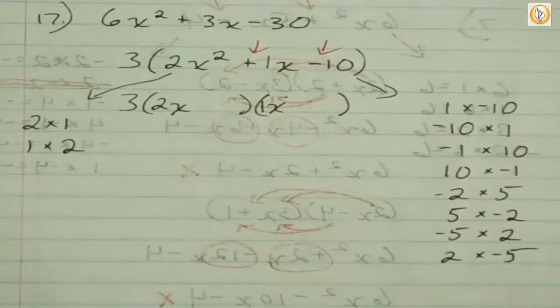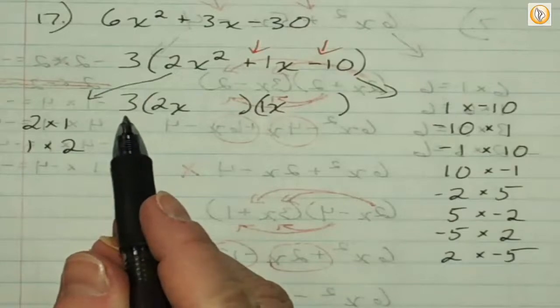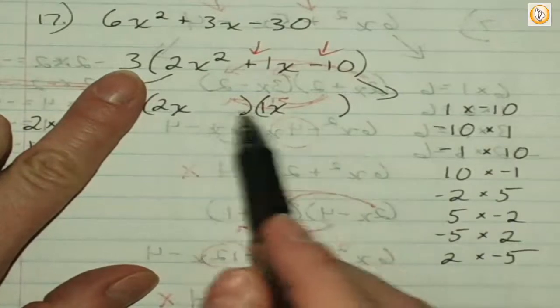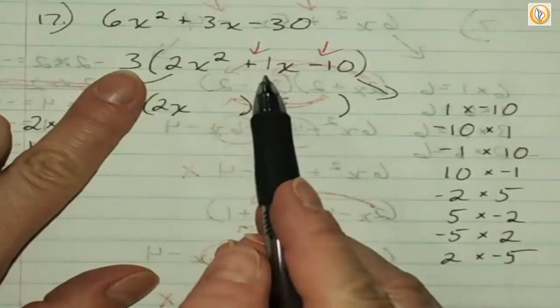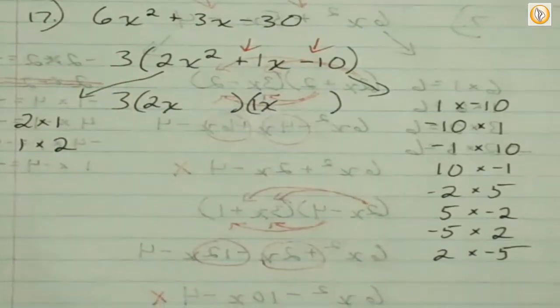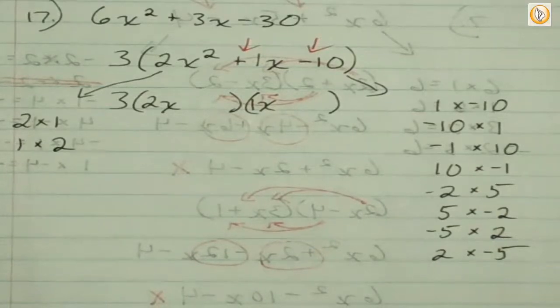All right, this one's going to be a little bit easier. The 3 you don't even have to worry about anymore. You have to include it in your answer, but you don't have to worry about it anymore. So we just have to find all the combinations that would work in the appropriate place that'll give us positive 1. So Emily, why don't you choose 1? Any of them. And think.